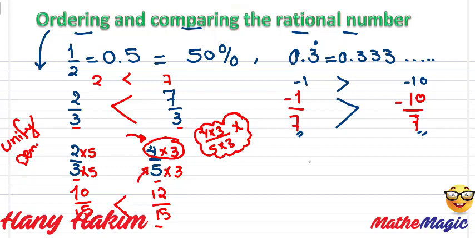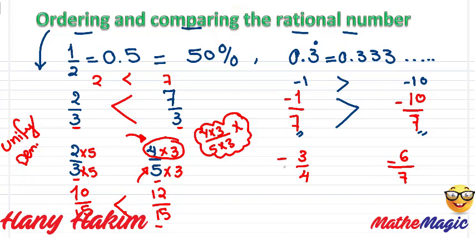Another example. If I have negative 3 over 4 and negative 6 over 7. First, we have to agree together.